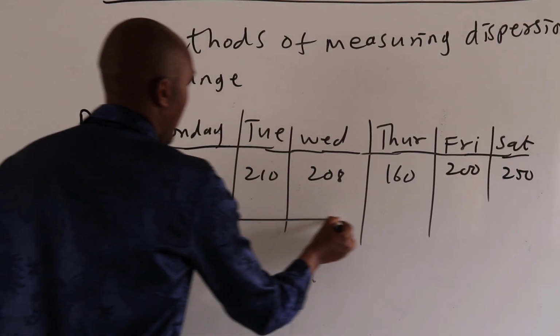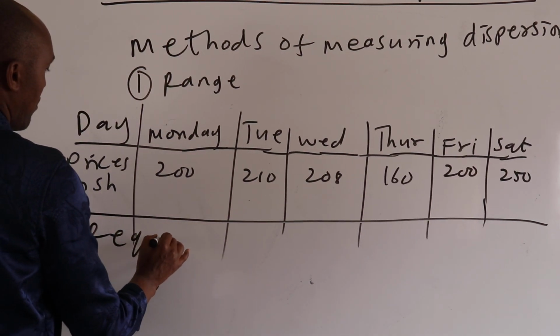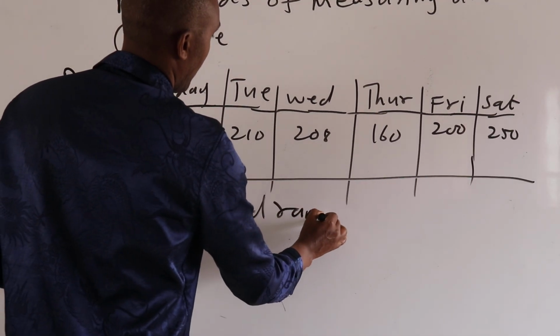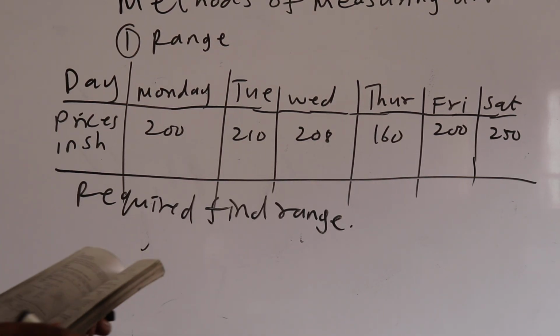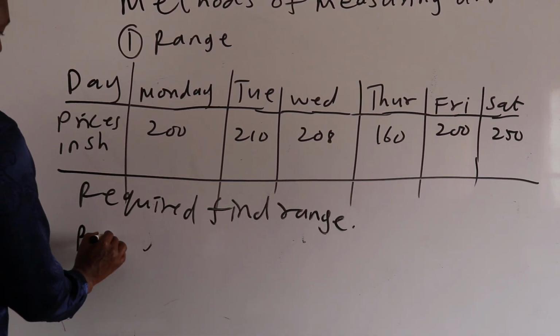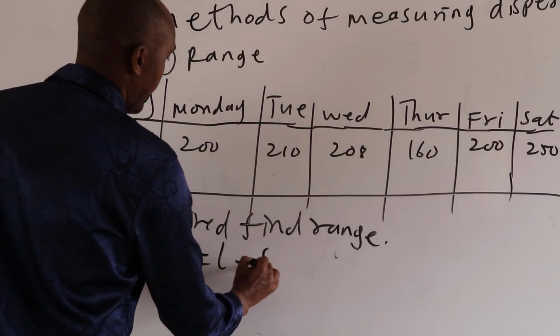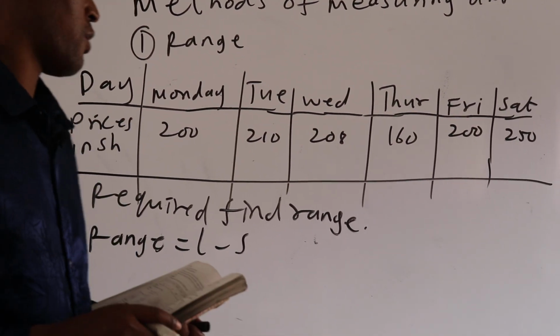Using that information, required: find the range. We are going to use our formula. Range is equal to L minus S. We look at the largest value from our data and the smallest value.